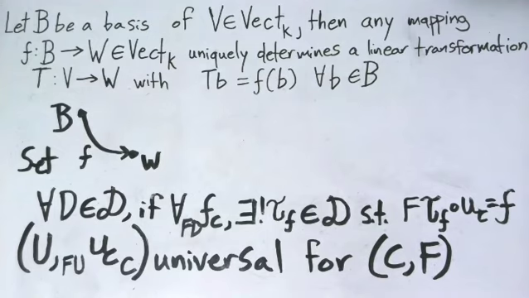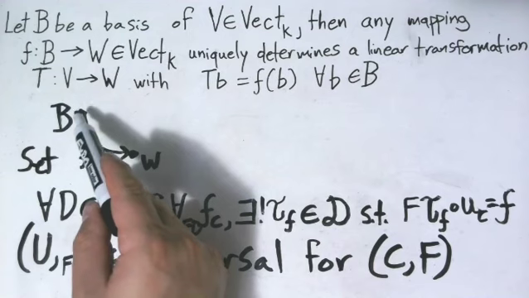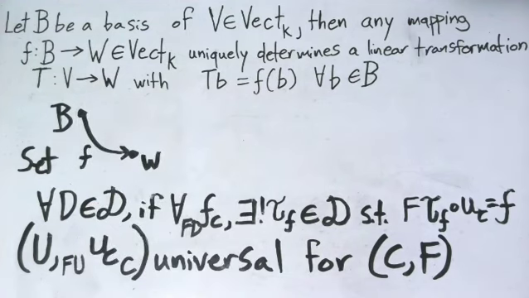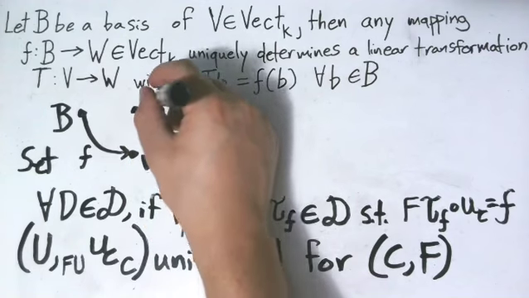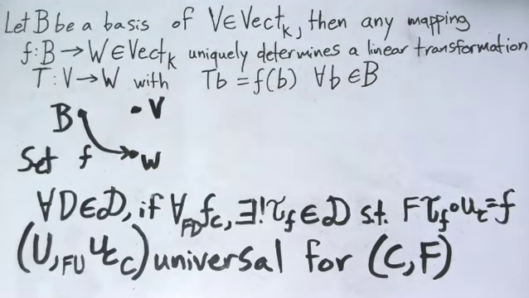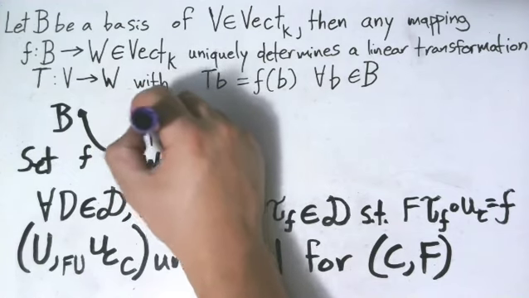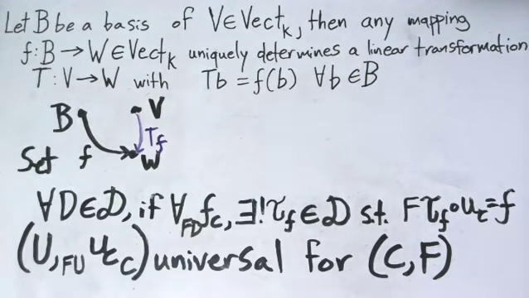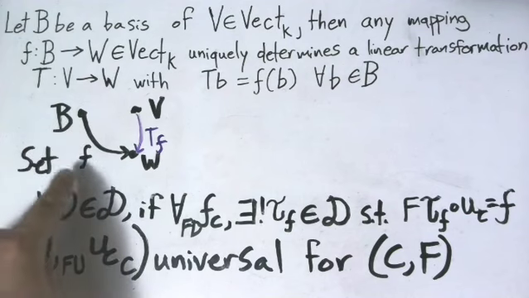And we're basically saying that anytime you give an f which maps the basis vectors of B into a vector space W, then that determines a unique linear transformation, which we might call T of f, from V into W. And not only that, but that linear transformation agrees with all of the mappings of all of these vectors by f.